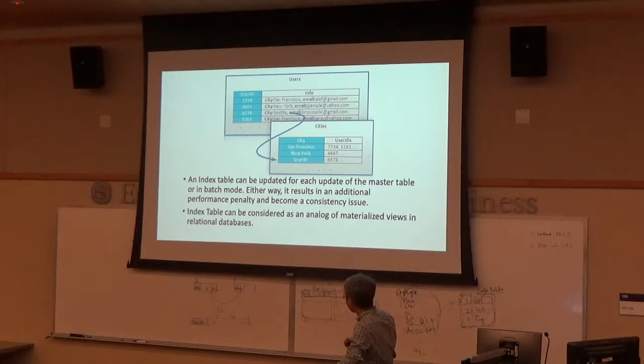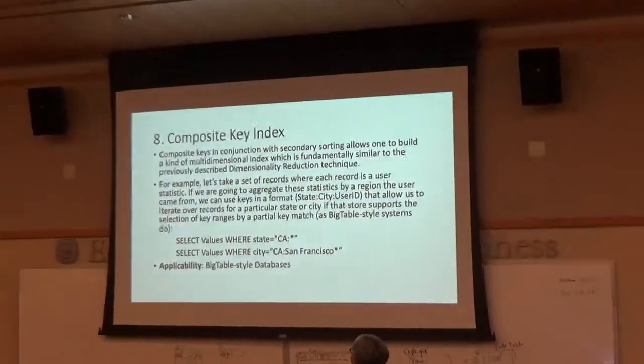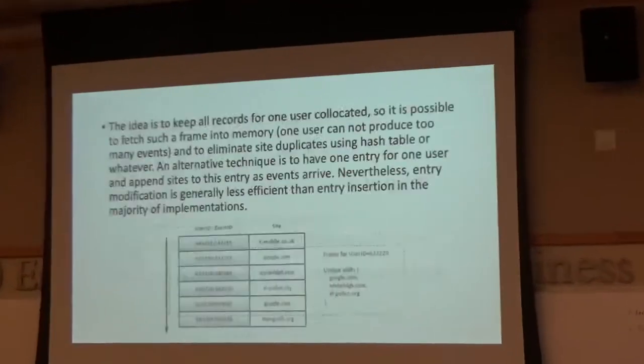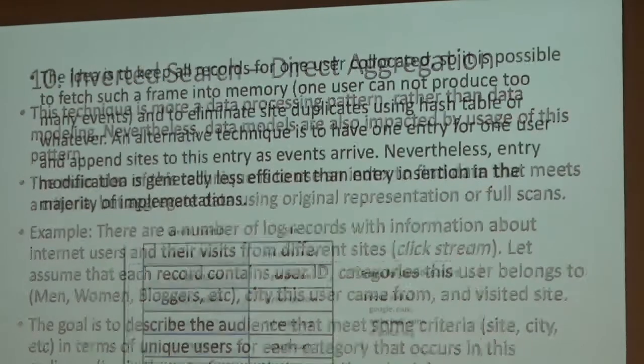It's an indexed data structure: San Francisco has a number of user IDs, New York has a number of user IDs, Seattle has a number of user IDs. This one is very similar to an inverted index. We will see the inverted index later, the inverted search using the inverted index.